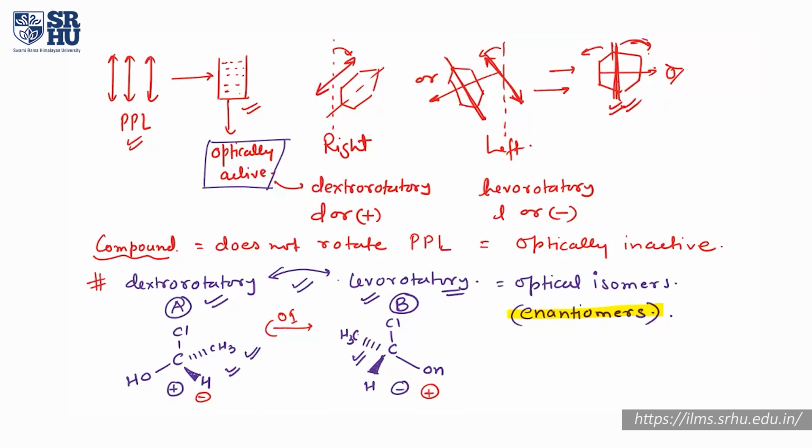So how many degrees you have rotated the Nicol prism gives you another parameter which is known as angle of rotation.